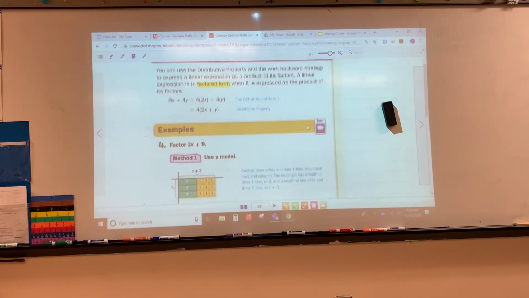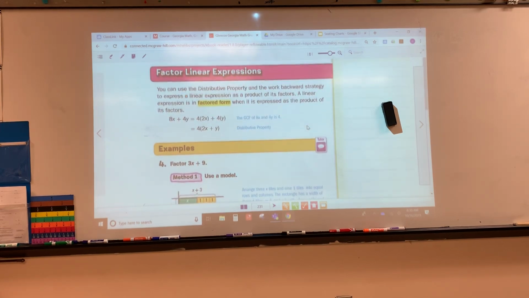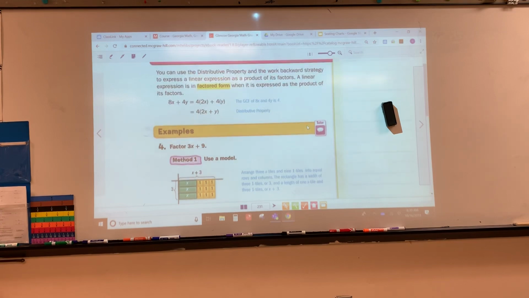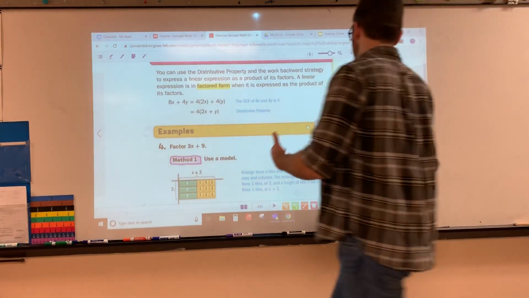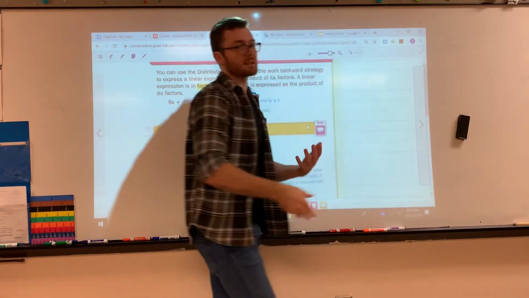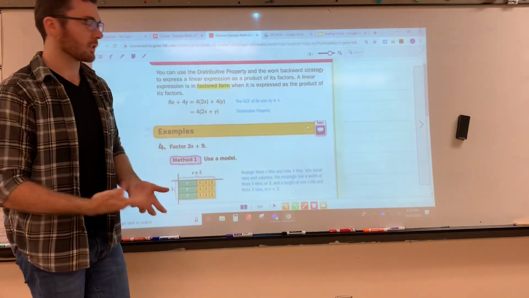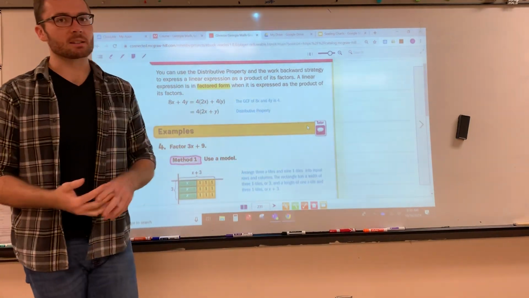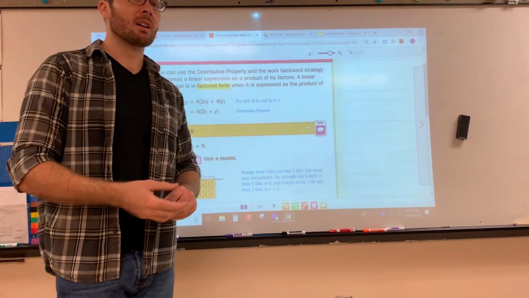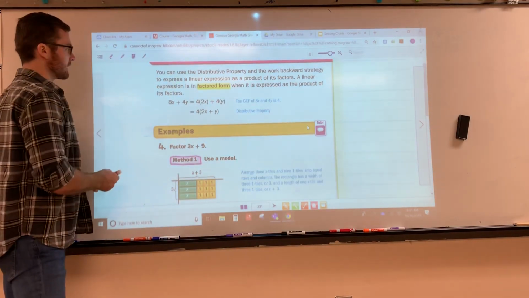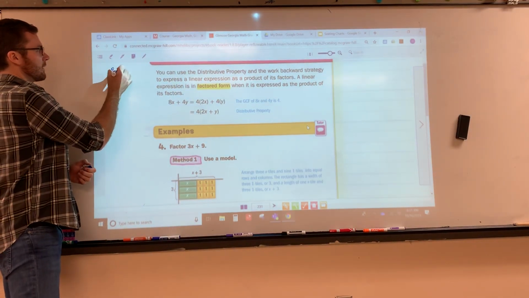All right, so I told you that the main goal for today's lesson is to factor linear expressions. So we just practiced factoring monomials. So we practiced factoring things that looked like this.